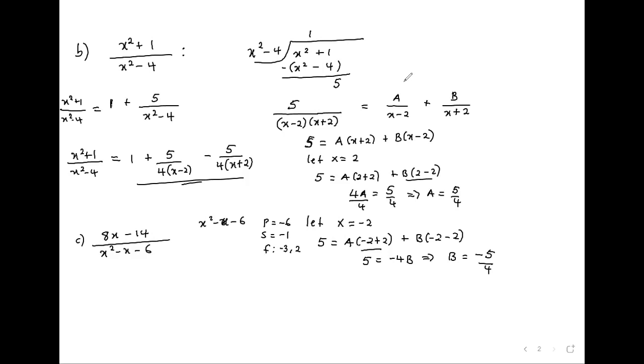So that we get x squared plus 2x minus 3x minus 6, and get (x + 2)(x - 3). So we come back here and say (8x - 14) over (x + 2)(x - 3) is equal to a over (x + 2) plus b over (x - 3).